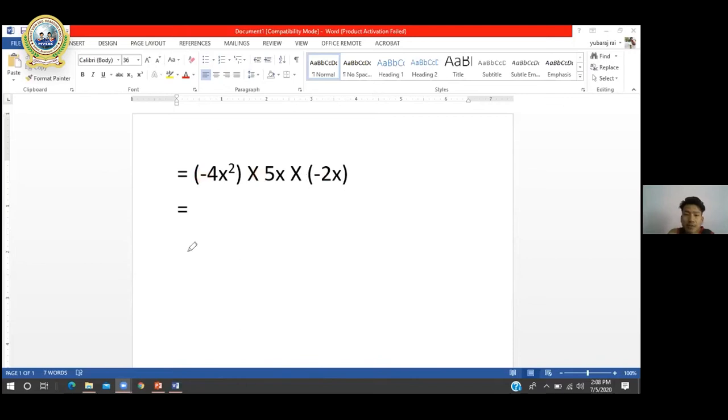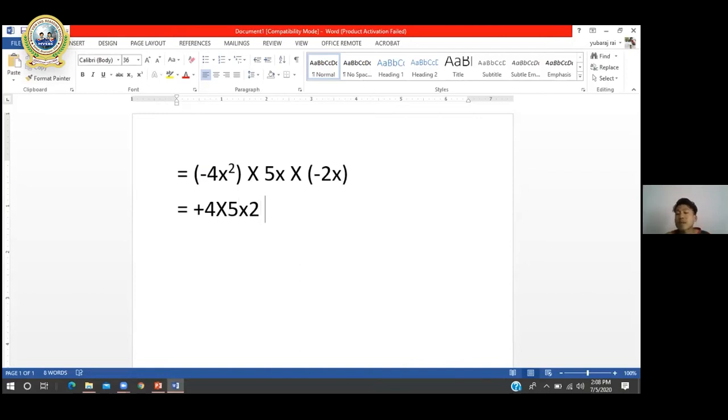Thank you, Prasumi. So the final sign here is plus, but we know that if there is a plus, we do not have to write the plus. Now, since we have multiplied the signs, we multiply the numbers now. So the numbers are 4 into 5 into 2.